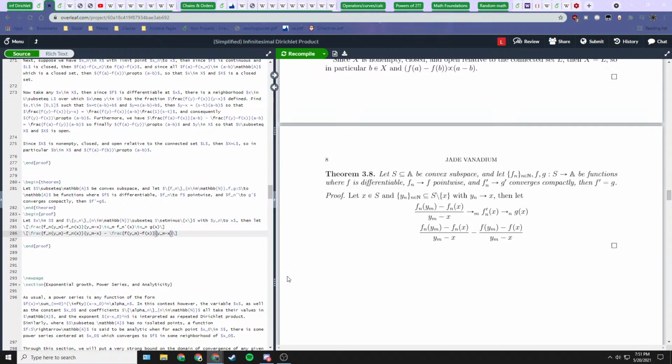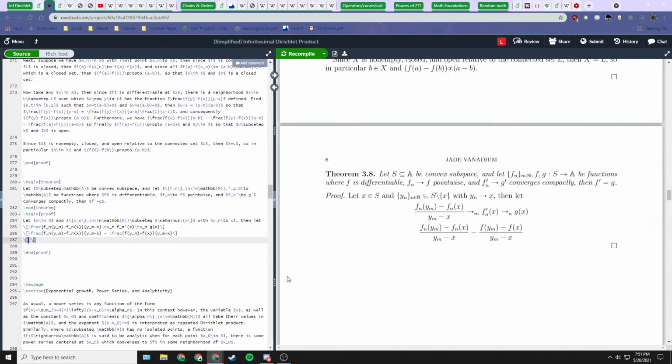Okay, because this converges compactly, if we take f sub n prime of x and subtract that from... let's just merge these first.